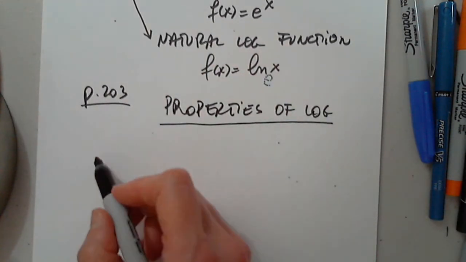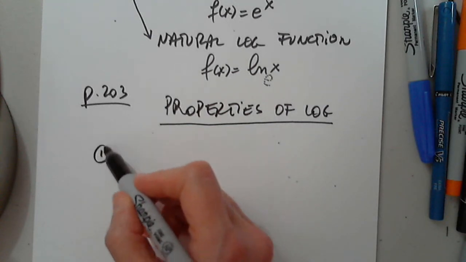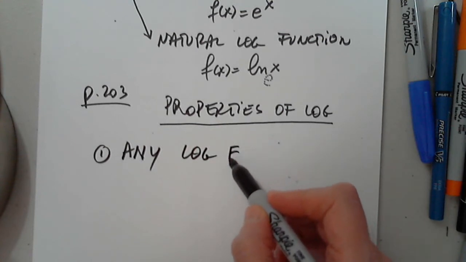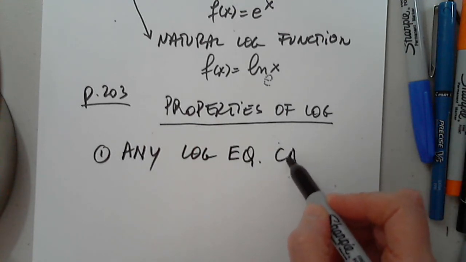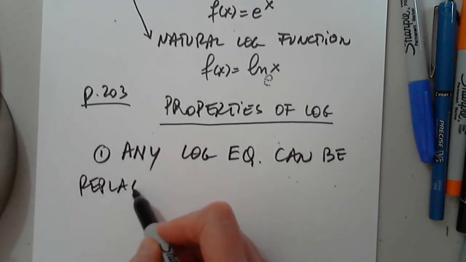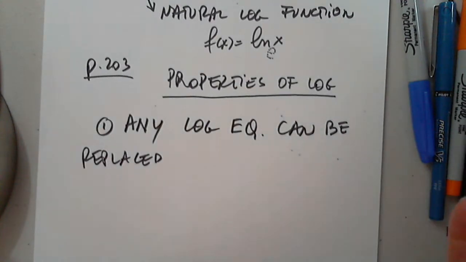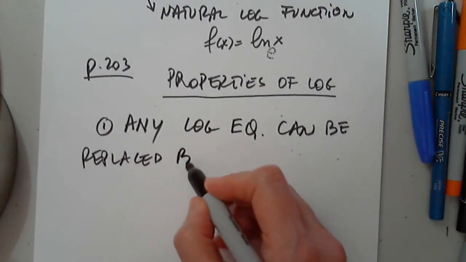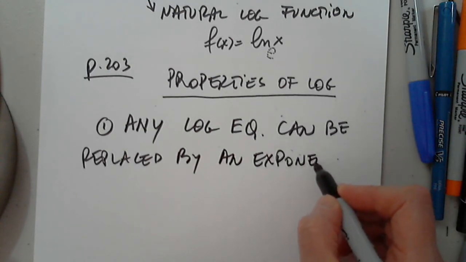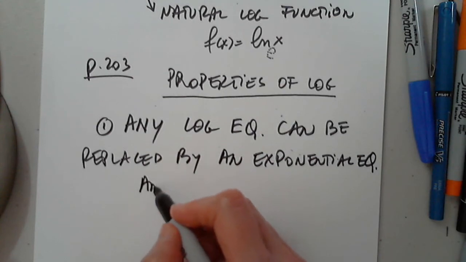The most important property that I would like to explain is that any log equation can be replaced or changed into, converted into, whatever you want to say, an exponential equation. And vice versa.